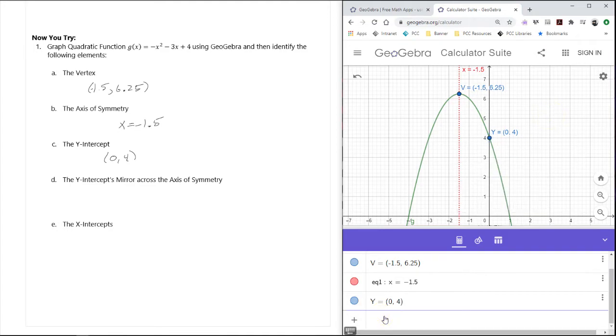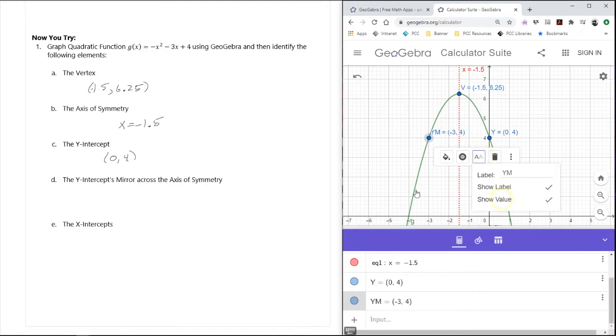And then we want the y-intercept's mirror point, and so that's going to be at negative 3, 4. We can use that solving process again by setting the function g of x equal to 4, and it should give us negative 3 as the output. There we go.